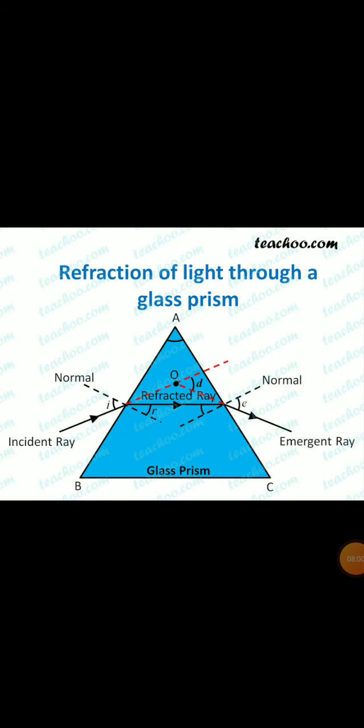Let us once again revise it. Here we have PE as the incident ray, EF is the refracted ray, and FS is the emergent ray. So in this figure, with words it is shown: incident ray, emergent ray, refracted ray, and two normals are also shown.